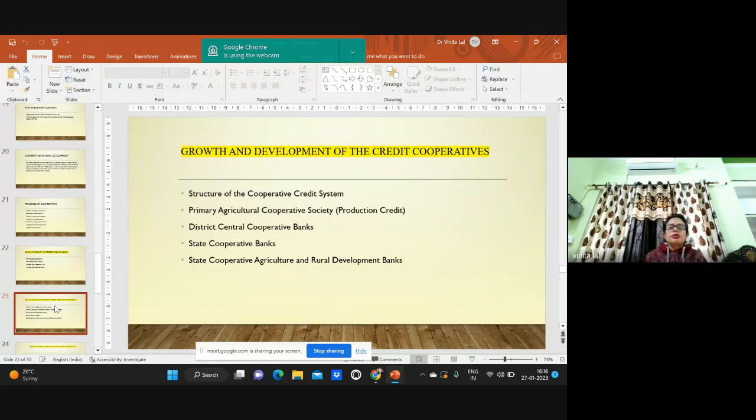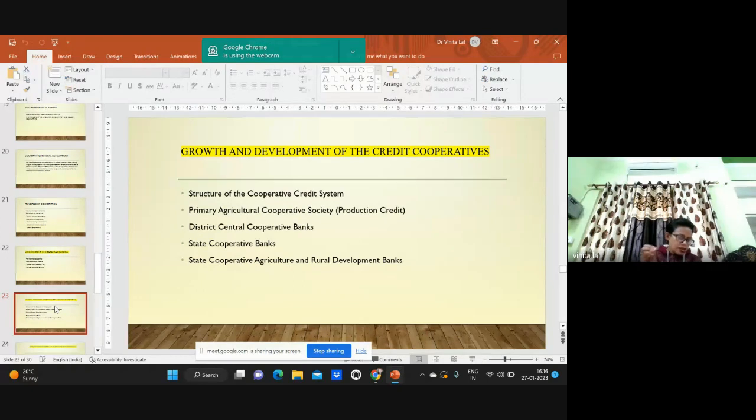Now come to the growth and development of credit cooperatives. We have some points: the structure of the cooperative credit system and the primary agricultural cooperative society, which is production credit; the District Central Cooperative Bank, State Cooperative Bank, and State Cooperative Agriculture and Rural Development Bank. First one is the structure of the cooperative credit system.